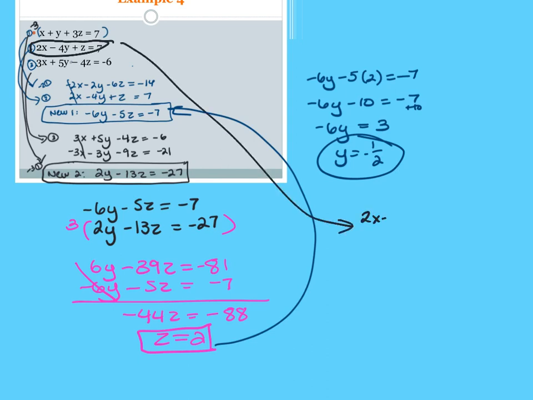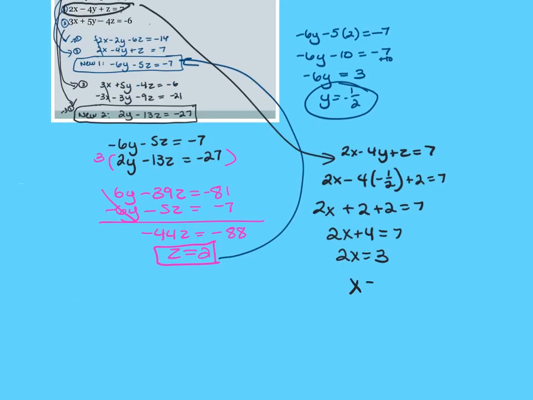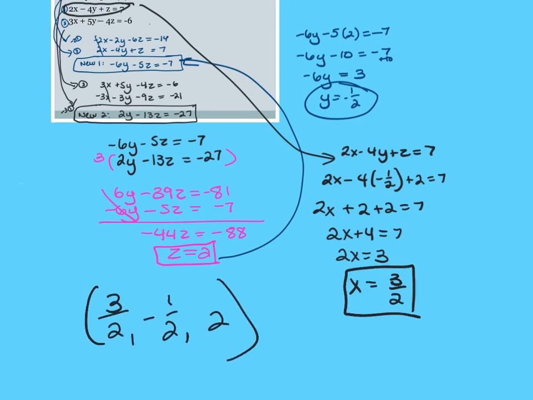So 2x minus 4y plus z equals 7. 2x minus 4 times -1/2 plus 2 equals 7. So I get 3/2, -1/2, and 2.